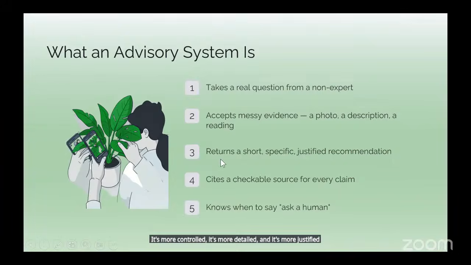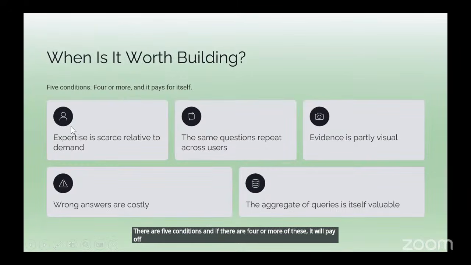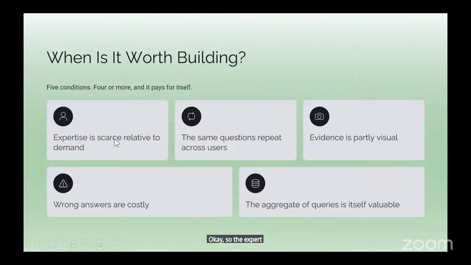Right. So when is it worth building? There are 5 conditions, and if there are 4 or more of these, it will pay off. Okay, so the expertise is scarce relative to demand. For example, the same question repeats across many users, so there are systematic answers to questions.